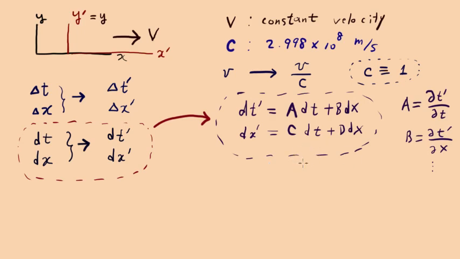Now, what we are talking about here is the small time interval dt and dx transforming to dt prime and dx prime. And there's this thing called homogeneity of time and homogeneity of space in physics.